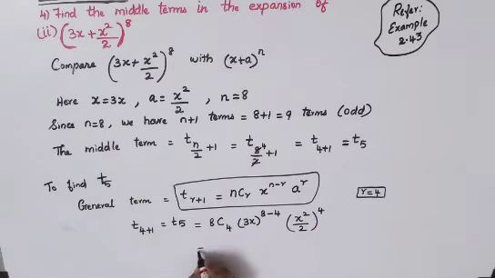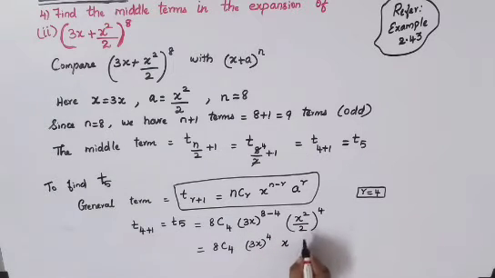So now we'll go for solving. Keep this 8C4 as it is. Here this (3x) power (8 minus 4), you'll get it as 4. And here this is (x square) power 4, so 2 fours are 8, divided by 2 power 4. So 2 into 2 into 2 into 2, you'll get 16, that is in multiplication.